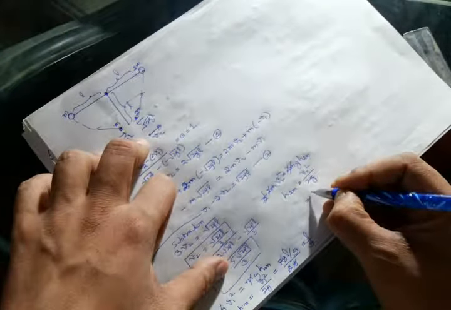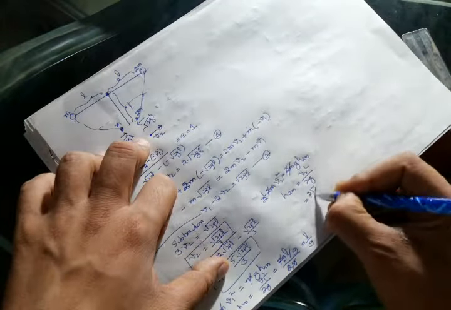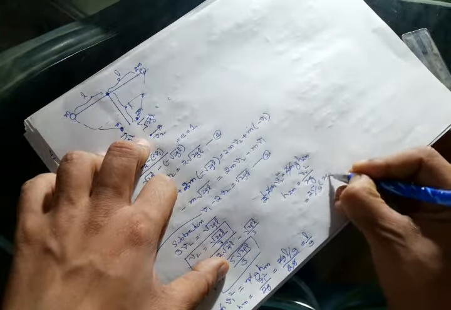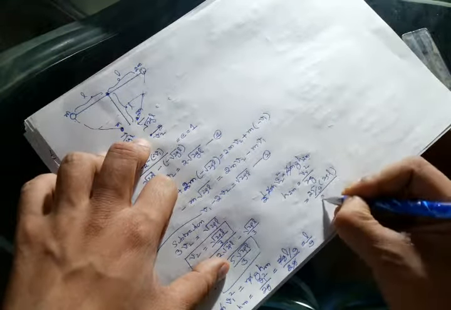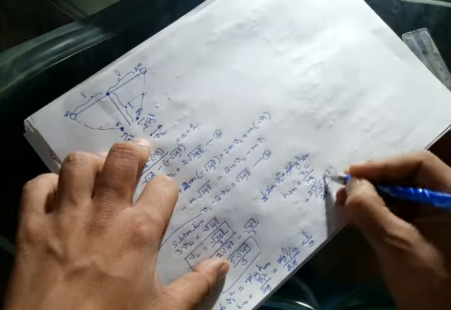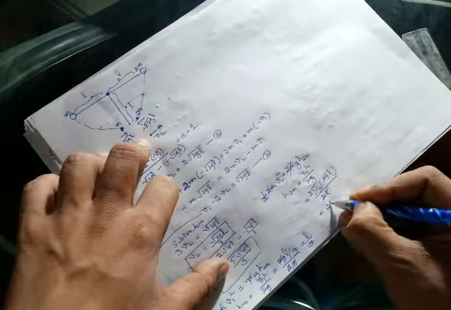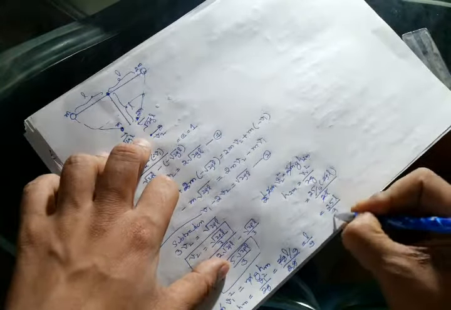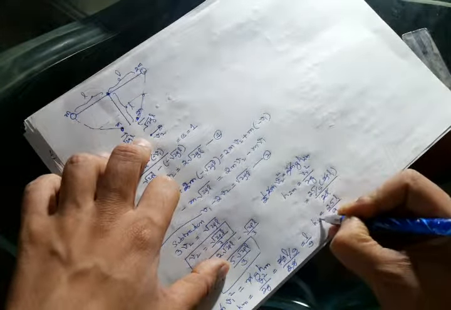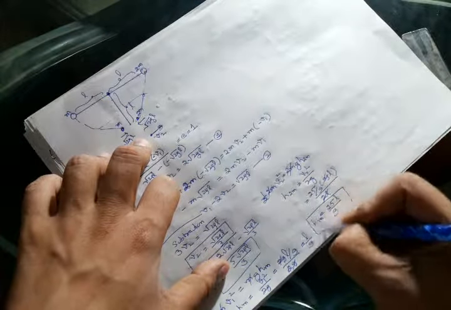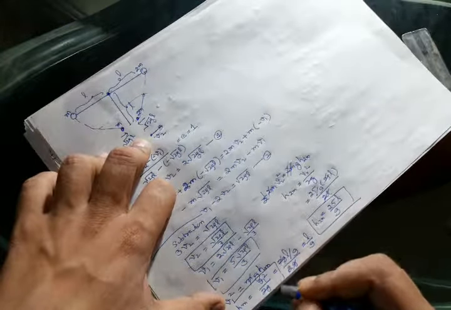That will be 2gl over 9 over 2g, which is L by 9. This is the height attained. Thank you.